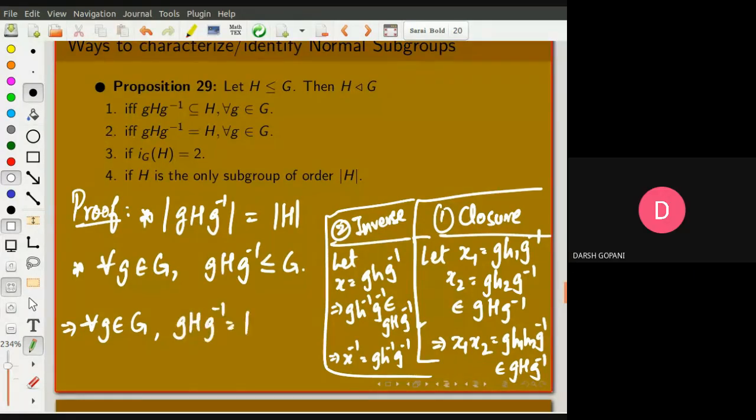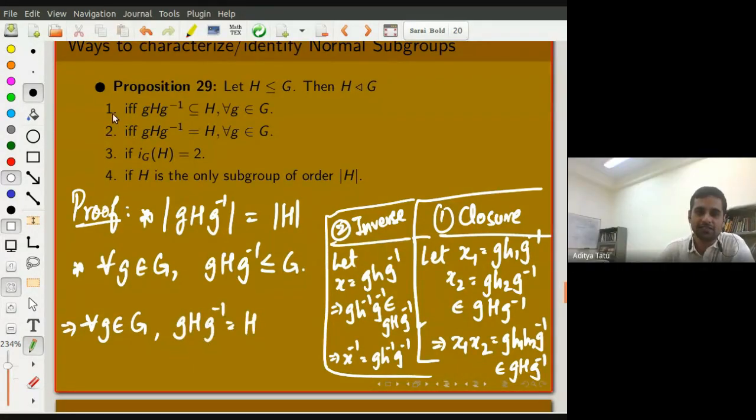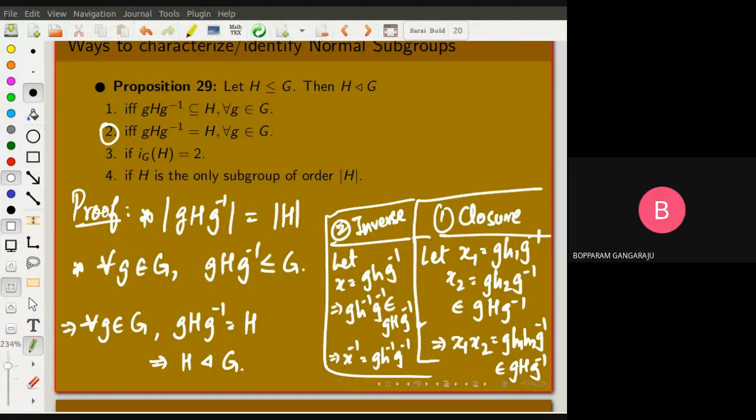And that is basically the second point. Therefore, H has to be a normal subgroup. Is that clear? Yes, sir.